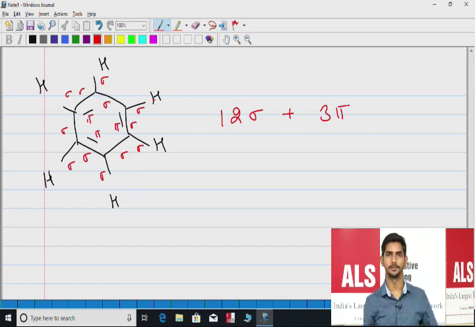This is the answer. Copy. So guys, this is how we can count the sigma and the pi bonds.